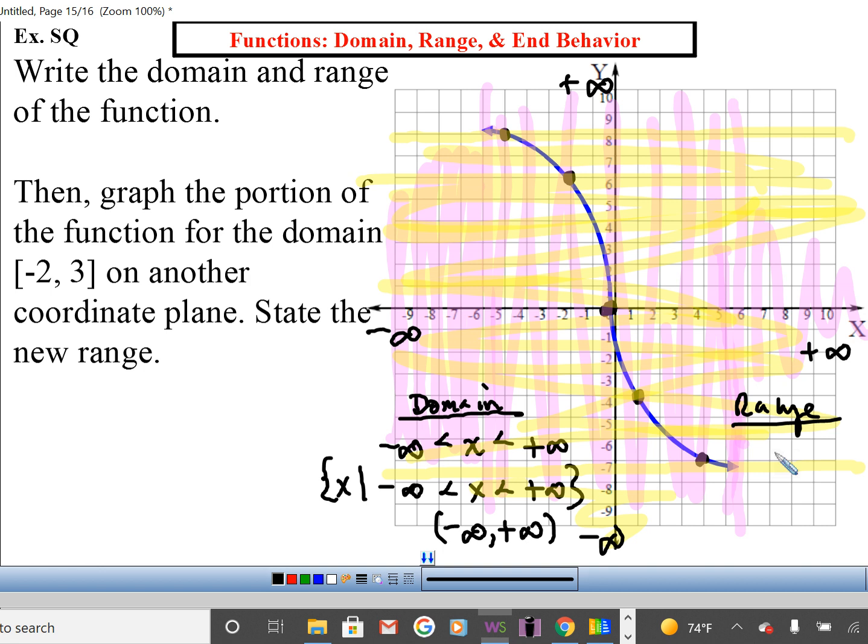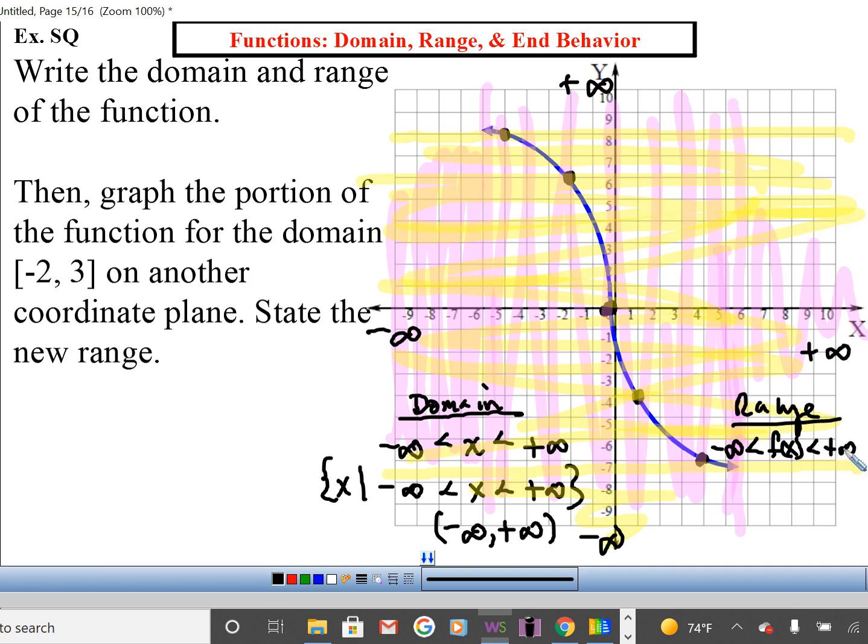All right, I think back there somebody's got it. How about Natalia? Natalia, what'd you get for the range? Negative infinity less than y, but instead of y we write f of x, less than positive infinity.